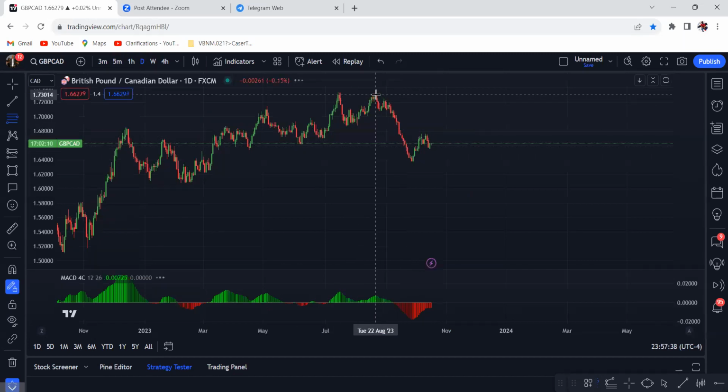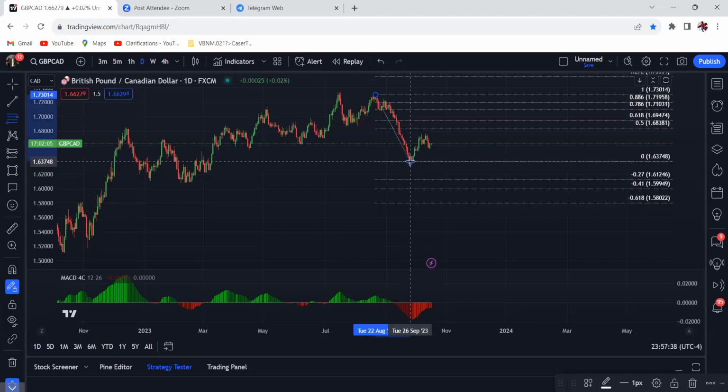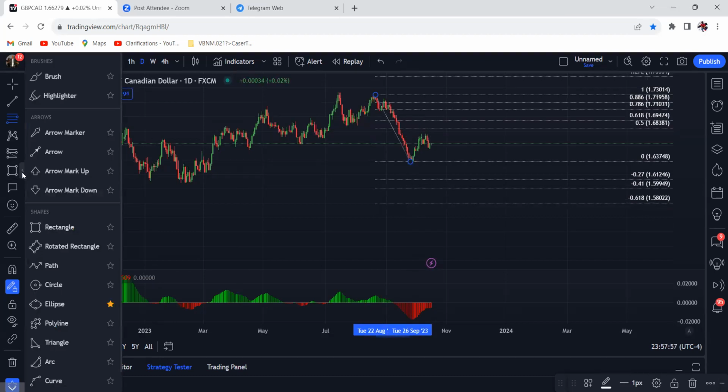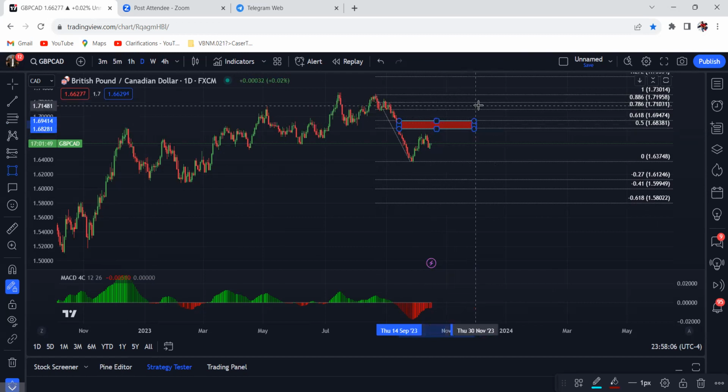So I want to take the top of this and measure. And again, I'm looking for entry at the 50, 618, and then the 786, 886. If price was to blast beyond that, that'll be my next entry zone. All right, everybody got that?